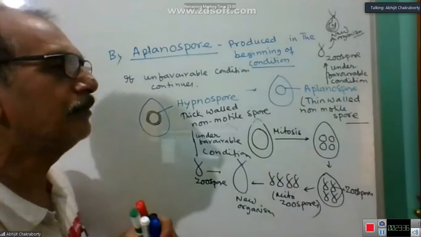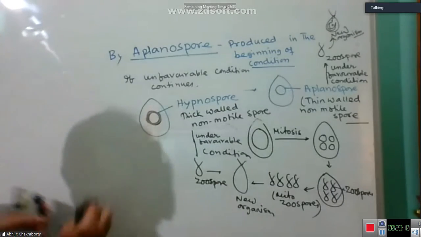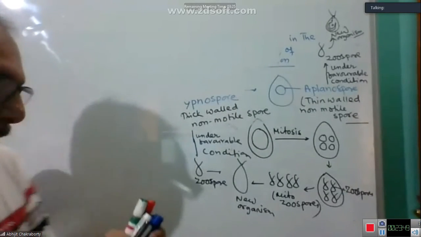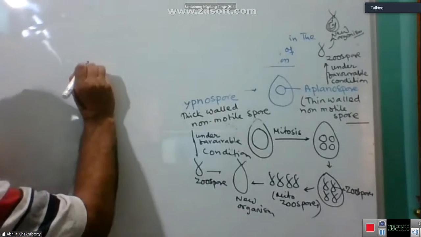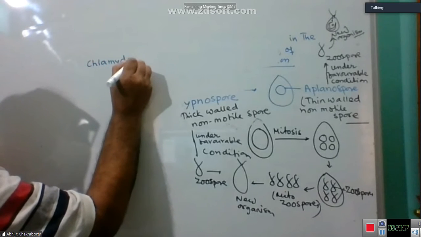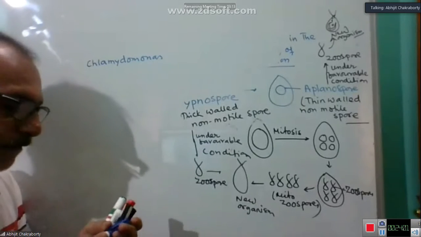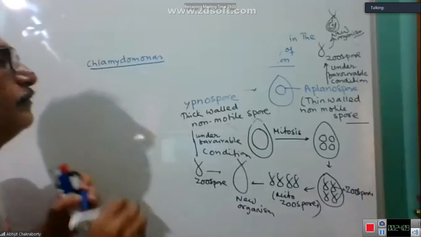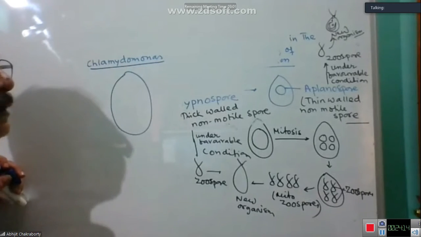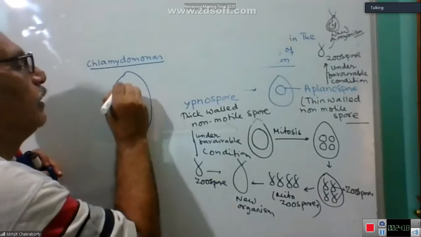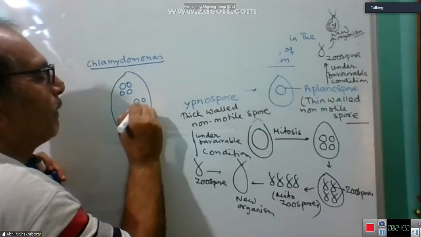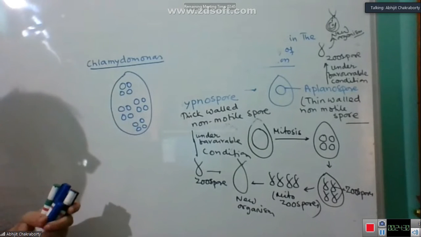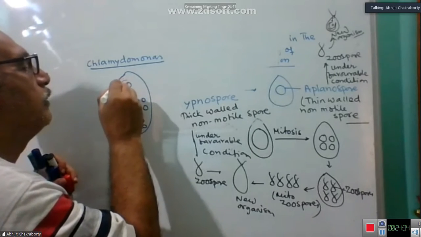In some Chlamydomonas, what happens, you see, non-motile spores of different generations are found to be protected by a gelatinous mass or mucilage sheath.